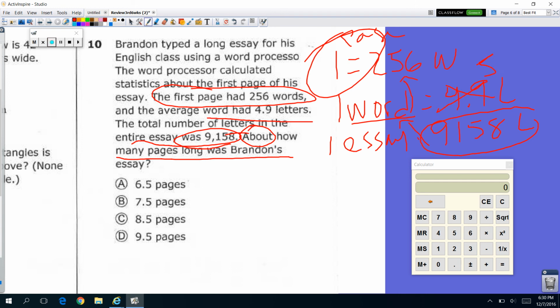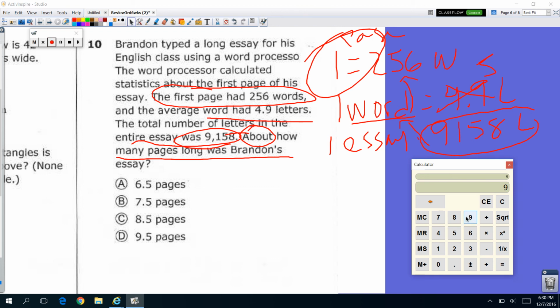So one word equals 5 letters. So that tells me that I can divide 9,158 divided by 5, and it will tell me how many words that would be.